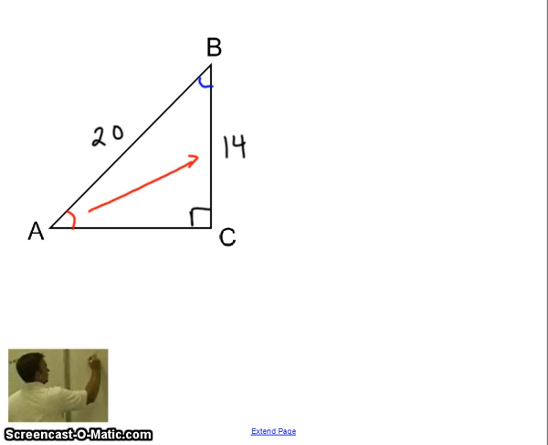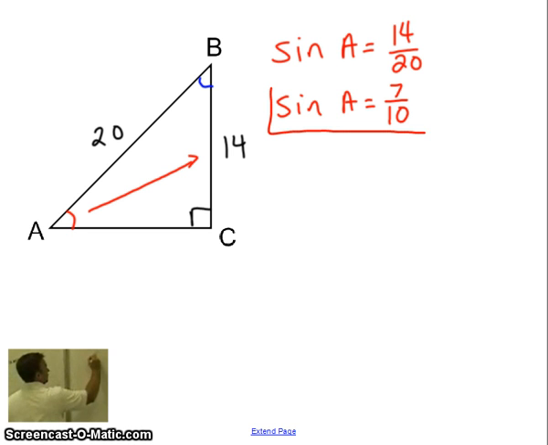Opposite and hypotenuse is the function of sine. So sine of angle A equals opposite over hypotenuse. We can simplify that: sine A equals 7 over 10. We're not going to solve for A just yet. We're just going to get used to using the ratios.